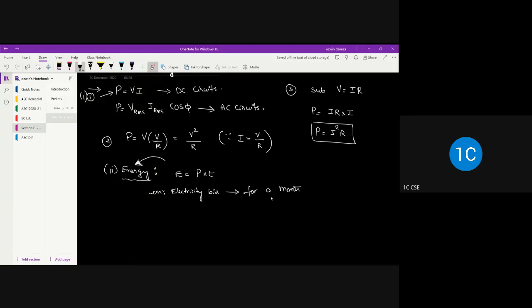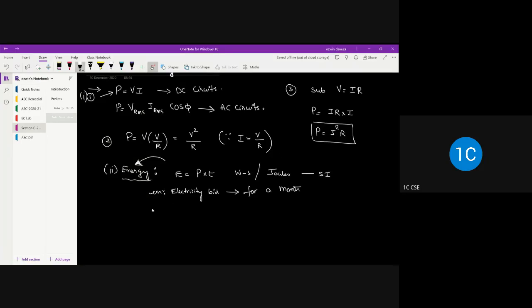Over a period of 30 days, how much energy you have consumed, that's your electricity bill. So E is equal to P into T, and the SI unit is watt second, or joules also you can say. That is your SI unit.